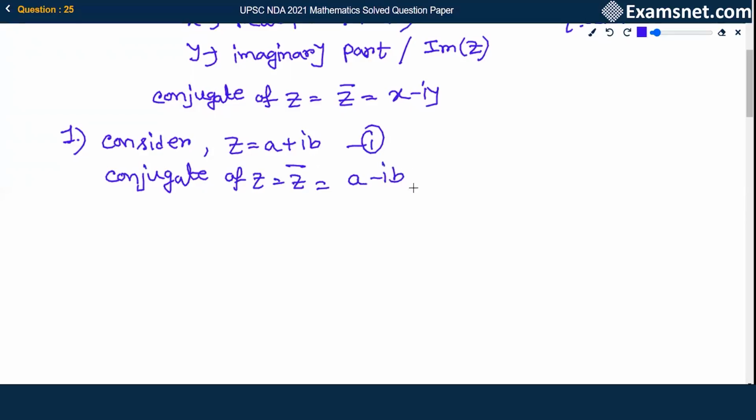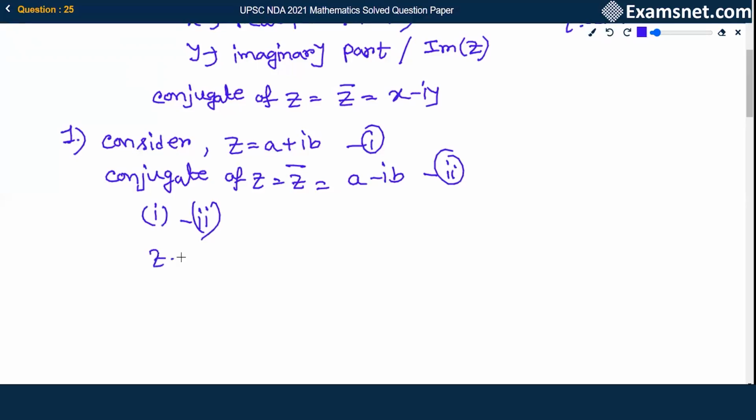Just the sign before the imaginary part will be changed. Let's name it equation number 2. Now we need to find the difference of z and its conjugate, so equation 1 minus equation 2.